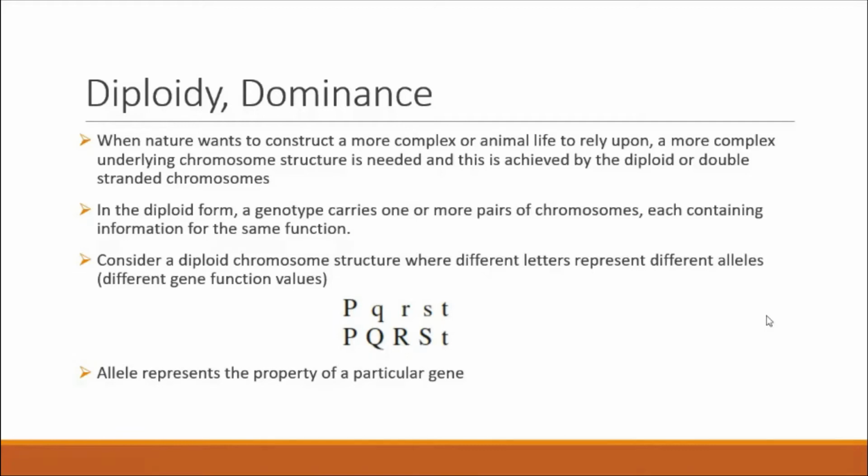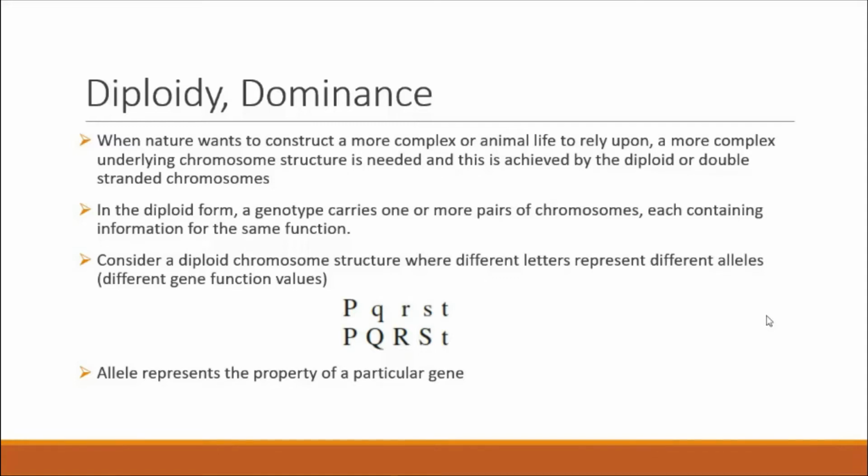That is why it is known as diploid. Obviously, triploid, tetraploid and higher-order ploids, that is multiploids, are also possible, but we are limiting our discussion to diploids only, that is, two-stranded chromosomes.